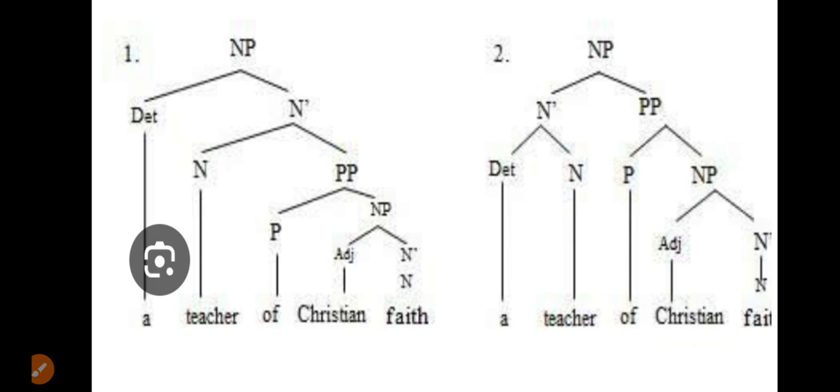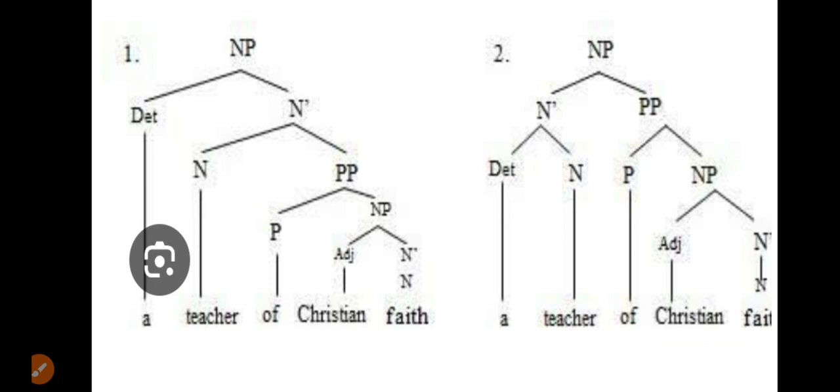But the same phrase can be analyzed this way: a noun phrase and then noun, right? So the a teacher, then here the prepositional phrase is part of the noun phrase. This way also we can do.